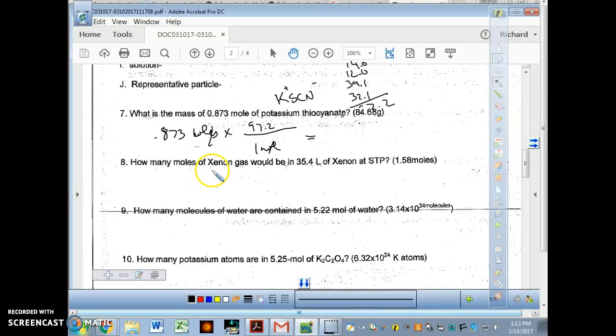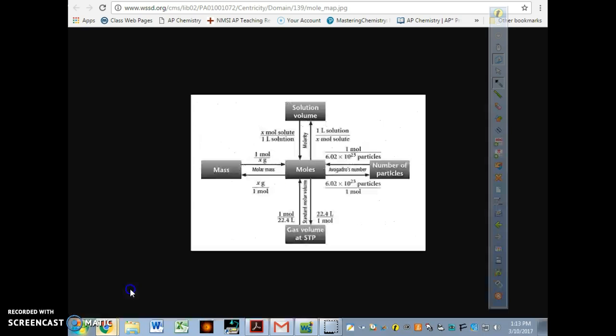Now, in the second one, this time we have liters of a gas. So our conversion factor this time is going to be that one where we use our friend, the 22.4 liters per mole. So in that case, we're going to start at moles. We're going to go to gas volume, but we're at gas volume and we want to go to moles.